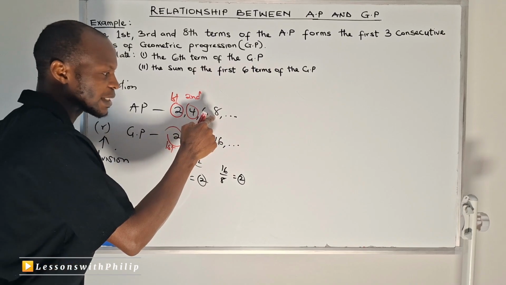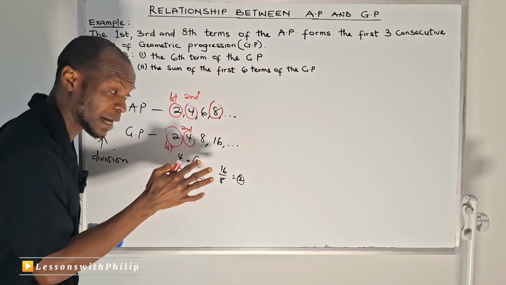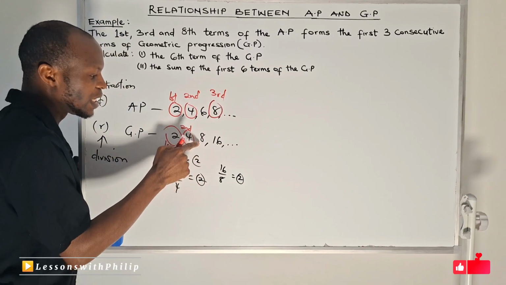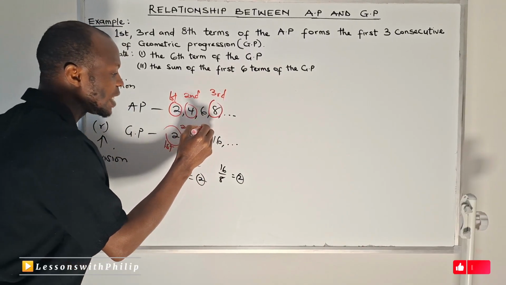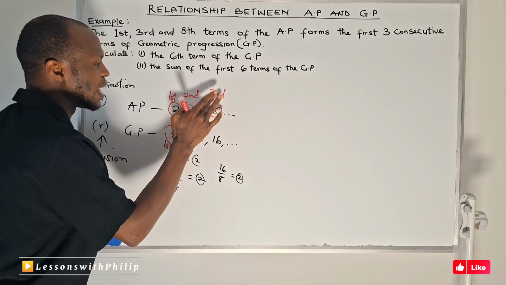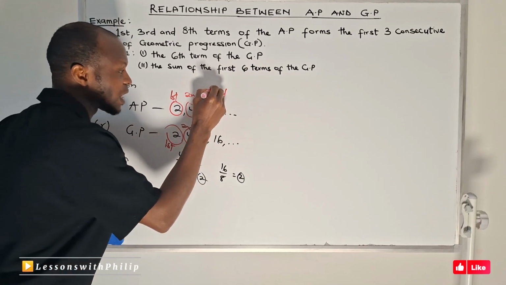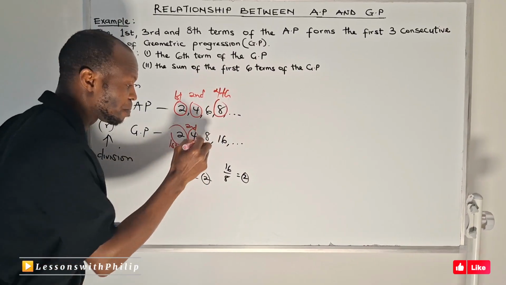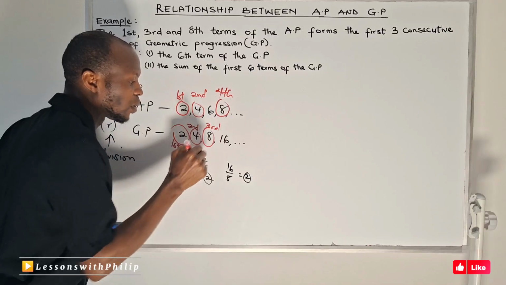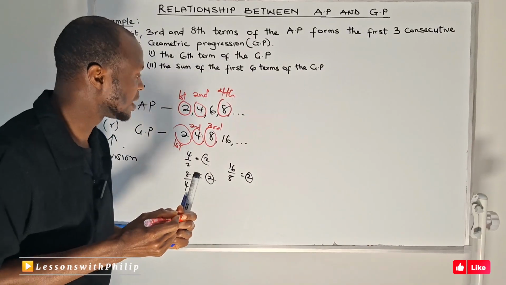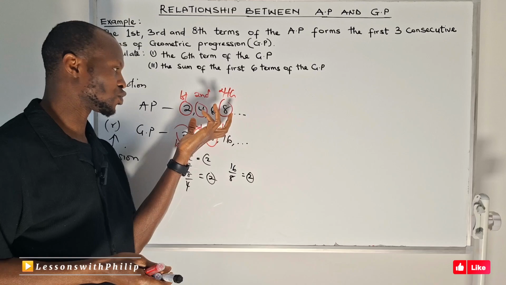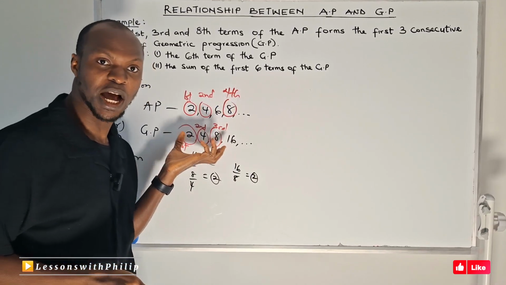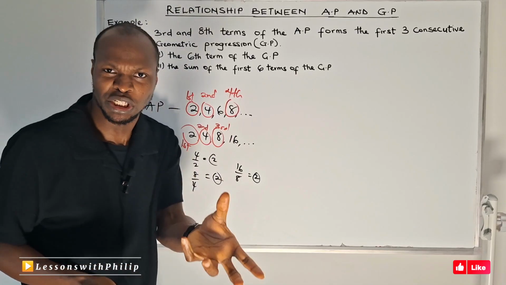Now 8, using this as an example: 8 in the AP is the fourth term, and 8 in the GP is the third term. What we're trying to explain is that it is very possible to have some terms in an AP equal to some terms in a GP, but their positions will be different. Do you get what I'm trying to say?